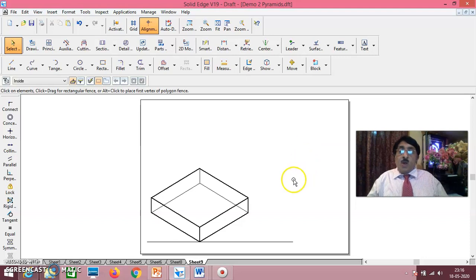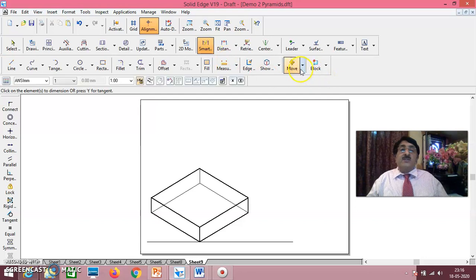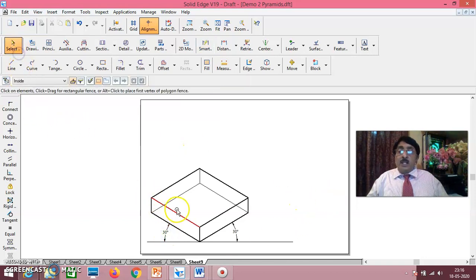See here, I'll dimension this also for your understanding purposes. Angle, okay, this is 30 degree. Even here also, okay, with reference to this, this is 30 degree. This, as you see here, this is 80 only, correct? No, this is 80, this is 20.